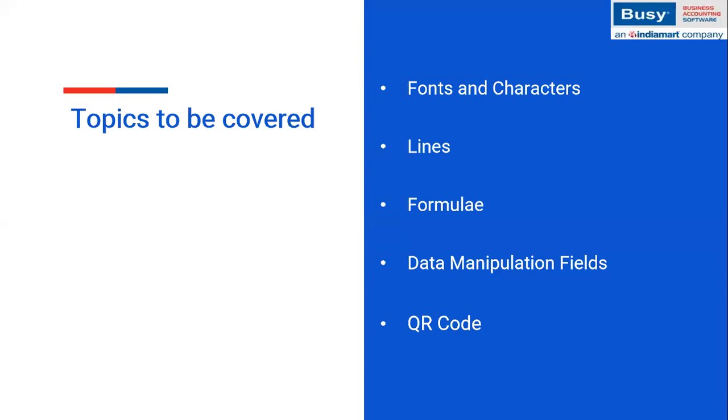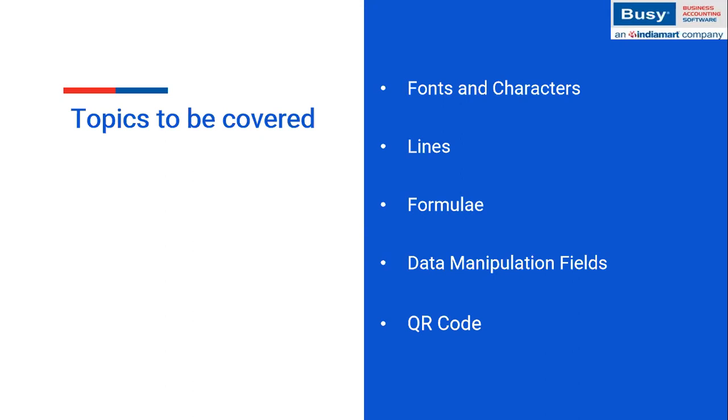We want the amount in words, we want to trim the words, we want to trim the line, we want to round off the amount automatically, lower side, upper side. We can use the data manipulation fields in advanced invoice.